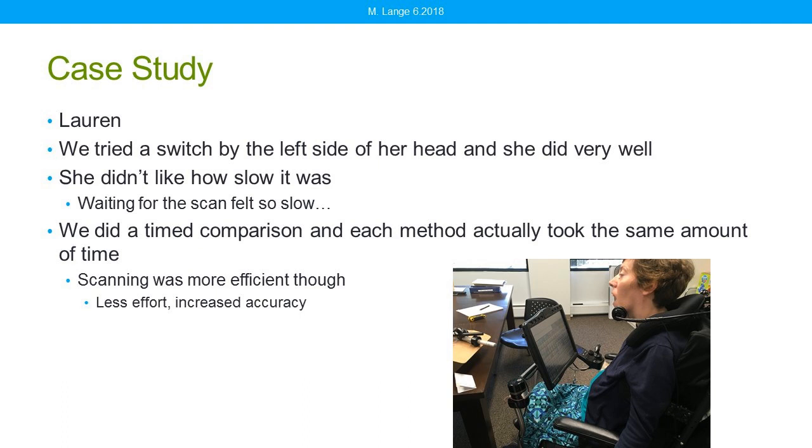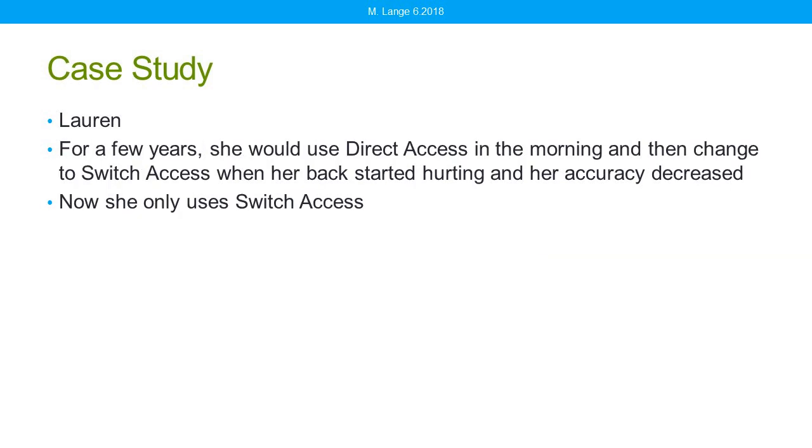She was spending a large amount of time with her direct access going back and correcting her mistakes because she would accidentally activate something in the next location. So for a few years, she would use direct access in the morning, and then she changed to switch access when her back started hurting, and her accuracy would, as a result, go down. So that kept her fairly efficient throughout her day.